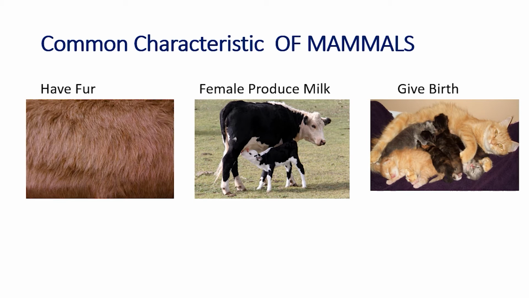And then the females of the mammals produce milk. And then the third, all mammals give birth. So if there is an animal that has fur, produces milk, and gives birth, we can classify it as a mammal.